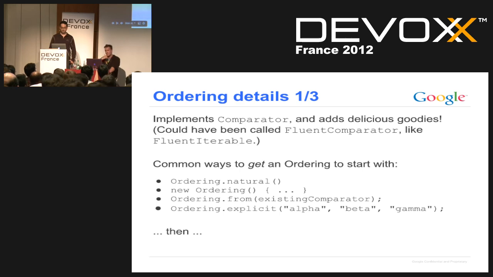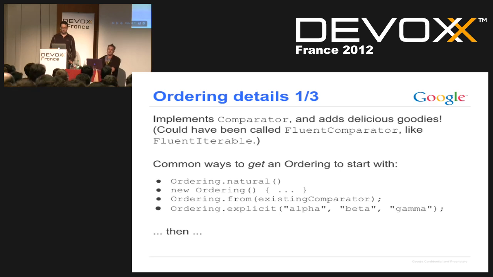You don't really ever need to say ordering.from new comparator and then implement the comparator. There's no reason to do that because you can simply extend ordering in the first place. And there are a few other ways to create an ordering. This is an explicit ordering. It says, look, I'm going to tell you exactly what order these strings should appear in, and then you name the exact set of strings that you're going to be able to sort in what order they appear in. This actually comes in useful sometimes.